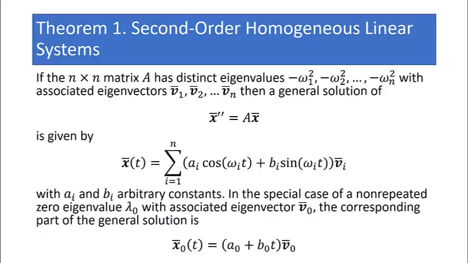So in conclusion, Theorem 1 tells us about second order homogeneous linear systems. And here's what it says.